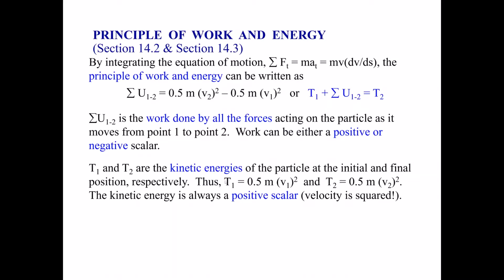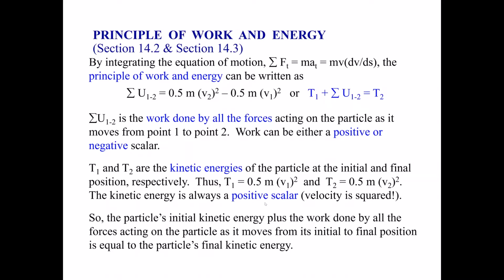We will notice that the kinetic energies, initial and final, are always positive, although it could reduce. If the work is negative, then your final kinetic energy will be less.